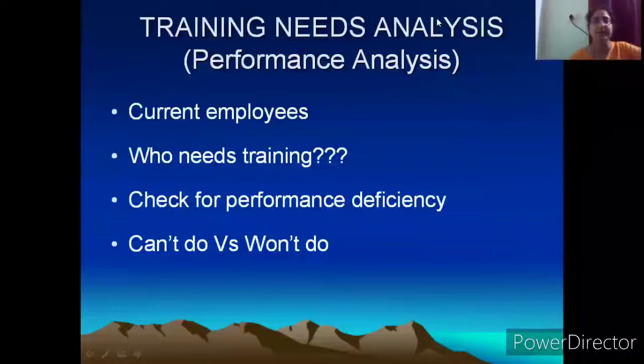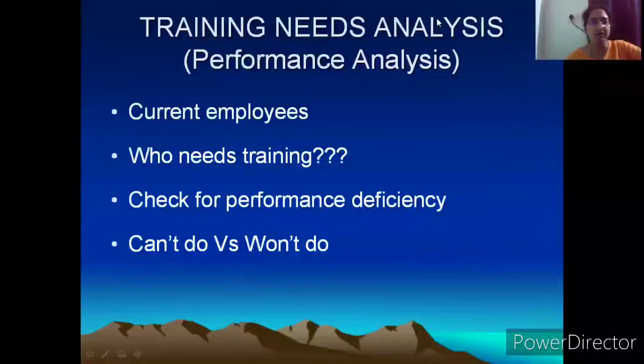So for example, you're checking for performance deficiency. I'll give you one example over here. While evaluating the performance of the business development sales force, we have understood that in a particular sales team, everyone is able to get around 10 sales contracts per week. But one Mr. John is able to get only 6 sales contracts per week.